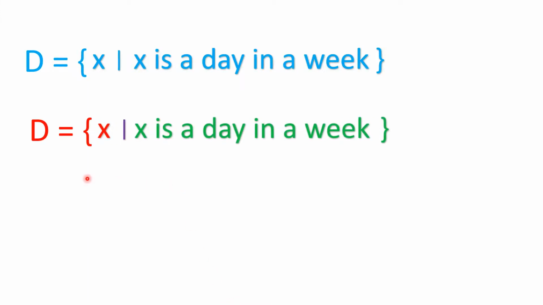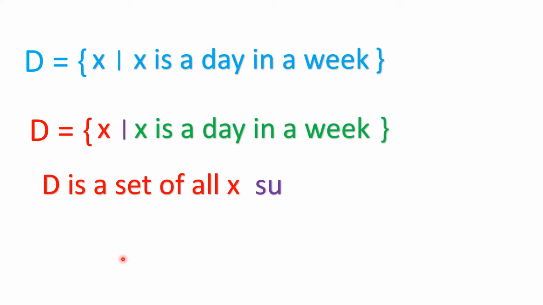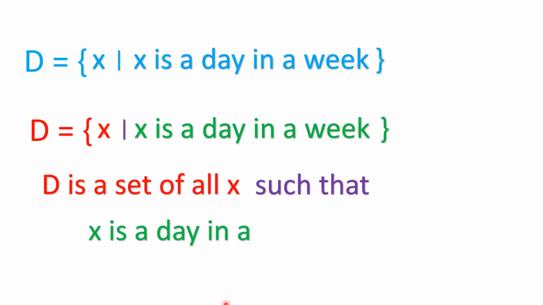Divide this set in 3 different colors. The part we see in red, how do we read it? D is a set of all x. Then the purple vertical line, we read that line as such that. And then the remaining part, the part in green, we read as it is. x is a day in a week.